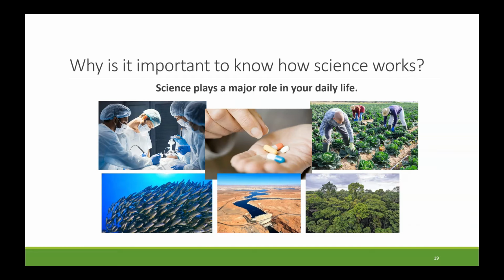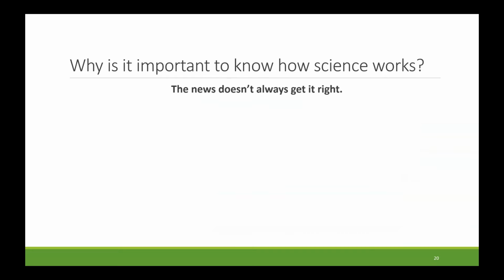But another reason why it is important to understand how science works is so that you can be informed and empowered to know when the truth is being communicated to you or not. Because the unfortunate reality is that the news does not always get it right. When scientists make a discovery and the media communicates that discovery, sometimes, not always, but sometimes, it is totally lost in translation.